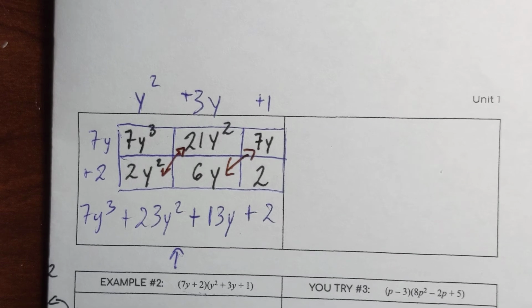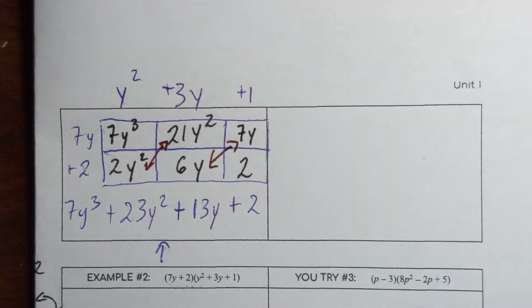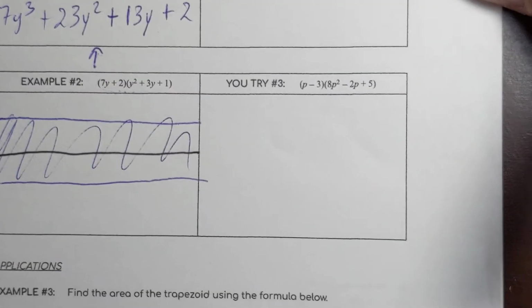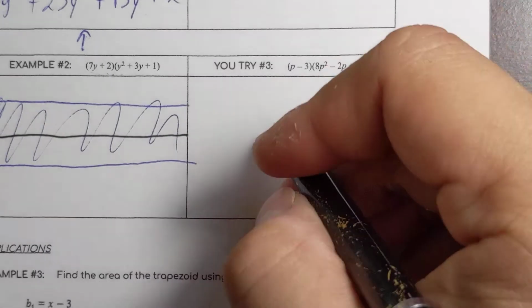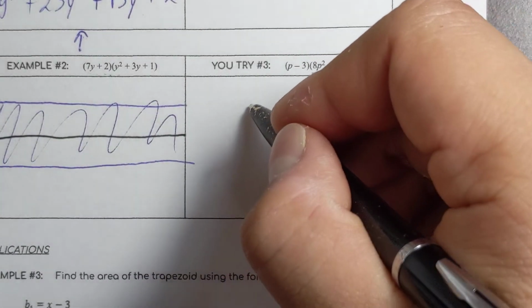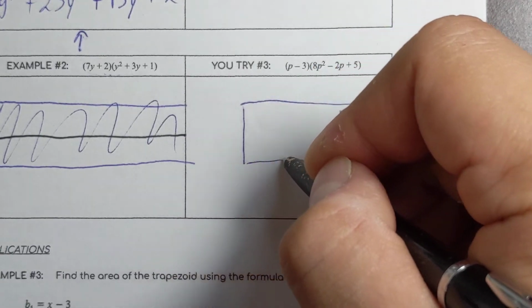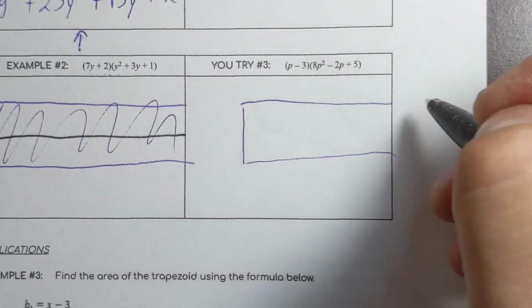Again, this is example number 2. For example number 3, I'm going to do it down here. Hopefully this time I'm going to fit that. So example number 3, same concept. 2 elements, 3 elements there.